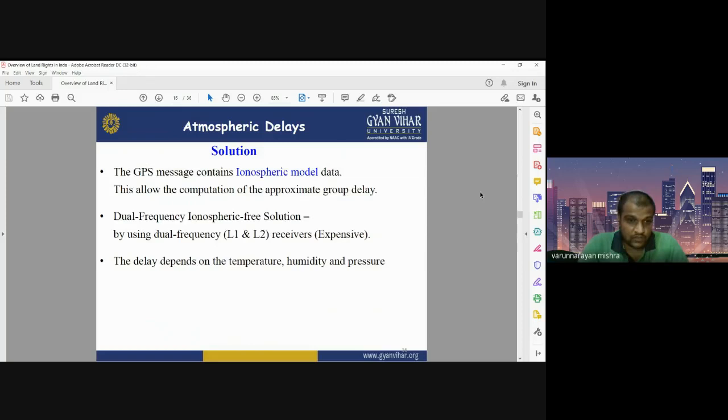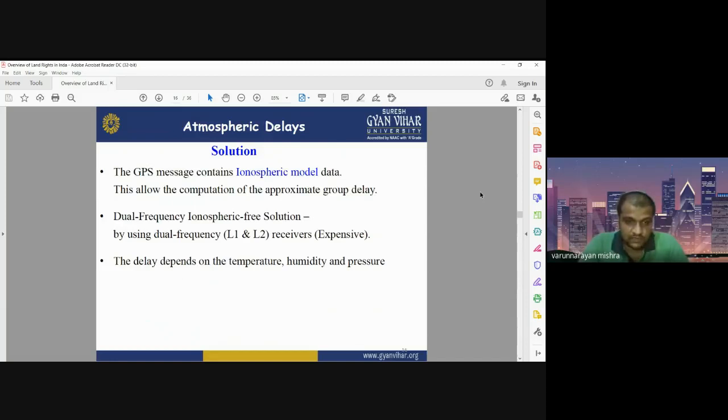The delay depends on the temperature, humidity and pressure also. This kind of ionospheric effect arises when there is high temperature, high humidity and pressure. So mostly in the summer season, the total electron content increases in the ionosphere. In summer, a lot of radiation comes from the sun that charges the particles in the ionosphere.